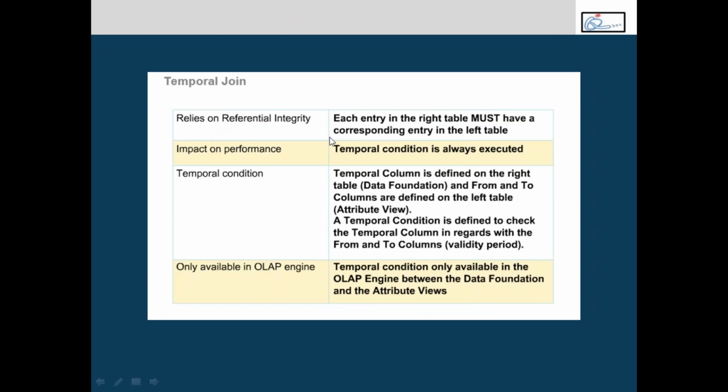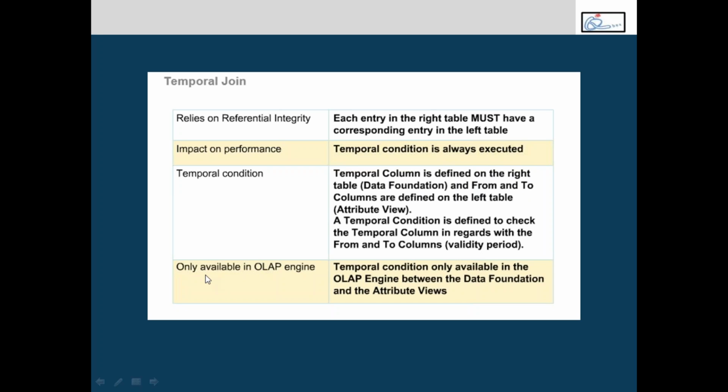The temporal condition is always executed, so performance is not so good. It's always executed. What is the temporal column? The temporal column is defined on the right table of the data foundation with from and to columns, and the temporal condition is defined to check the validity period.